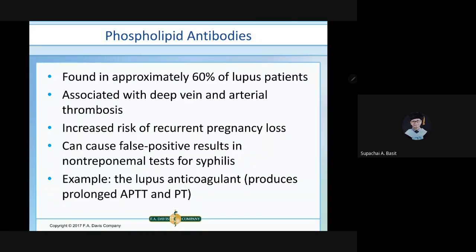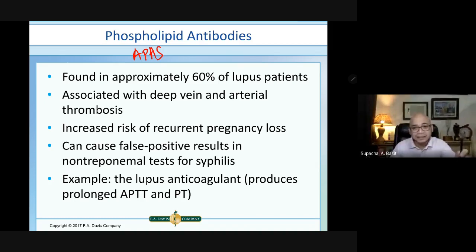So phospholipid antibodies will give you an increased risk of recurrent pregnancy loss. In pregnant women, they call it the APAS. If a pregnant woman is positive for APAS, most likely she'll not be able to complete the 9 months full term.